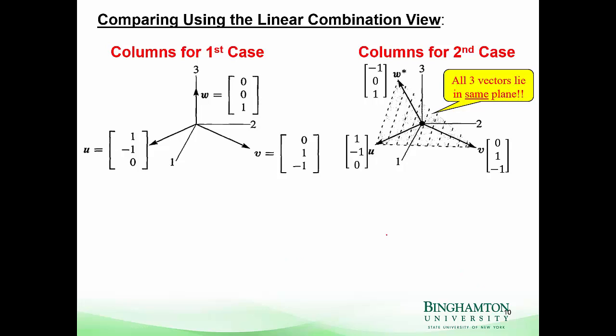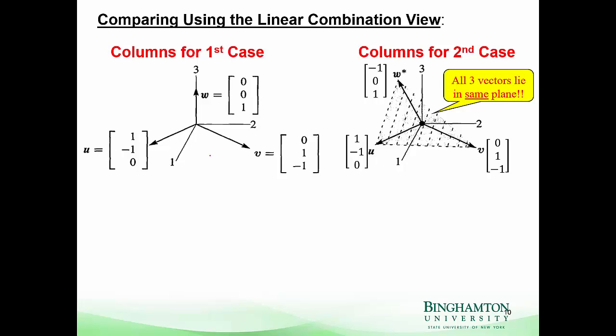So let's take a look at this. So what do we see here? Let's use the linear combination view. So here are the columns for the first case, and we limited ourselves to three-dimensional vectors so we could visualize this. But this holds regardless of how many dimensions you have and whether you can visualize it or not.